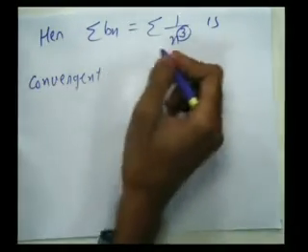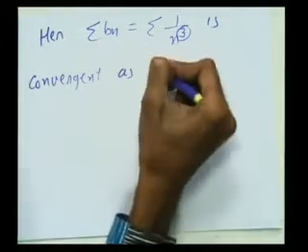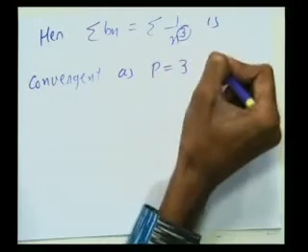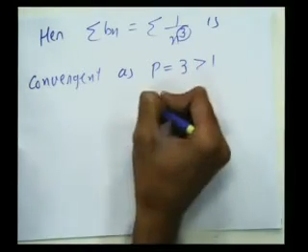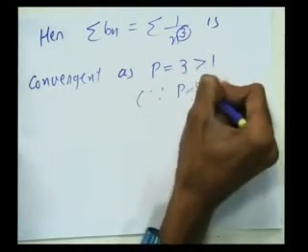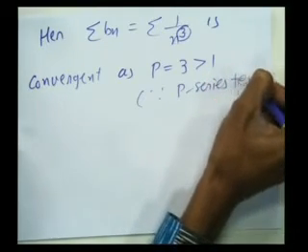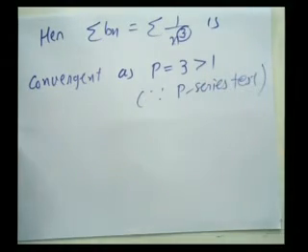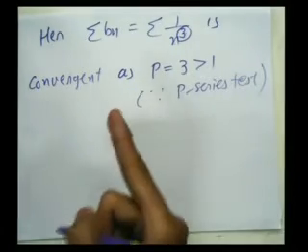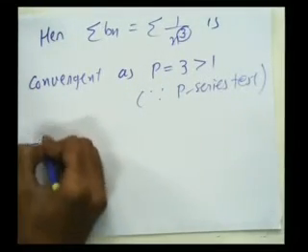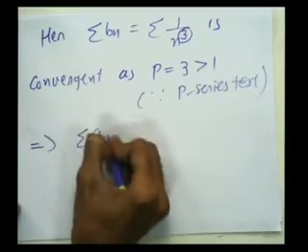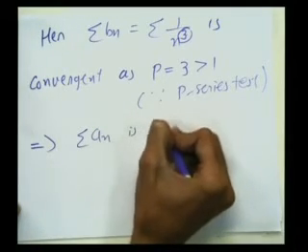So we can say that this series is convergent as P is equal to 3, which is greater than 1. I have used here the P series test. The given series bn is convergent, and we have already said that sigma an and sigma bn converge or diverge together. So here sigma bn is convergent, so directly sigma an is convergent.